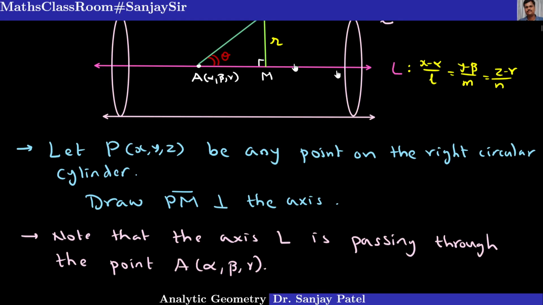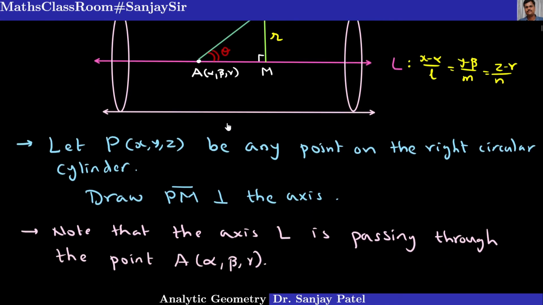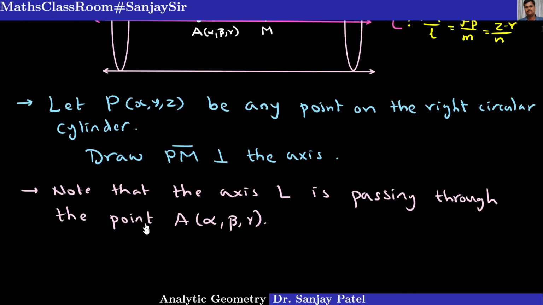The axis is passing through the point A, alpha, beta, gamma. Therefore we can say the triangle PMA is a right angled triangle.